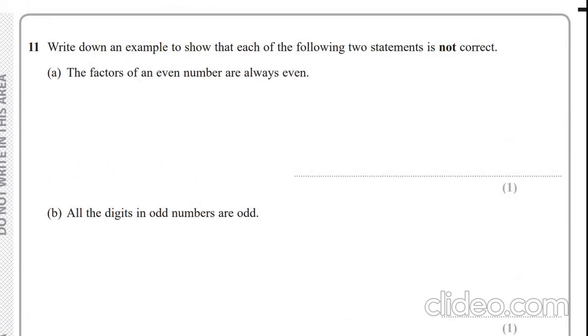So write down an example to show that each of the following 2 statements is not correct. The factors of an even number are always even. Well, that is not correct, because factors of 6 are 2 and 3, and 3 is not even.